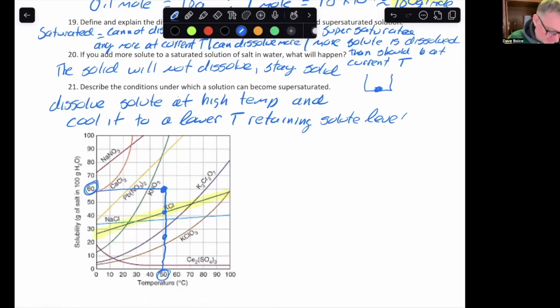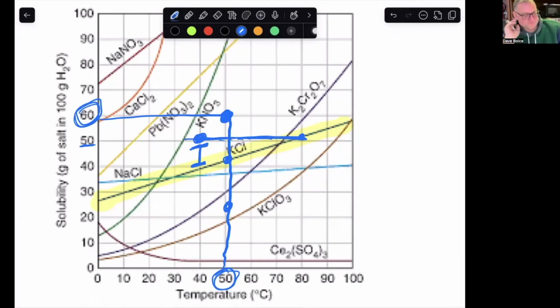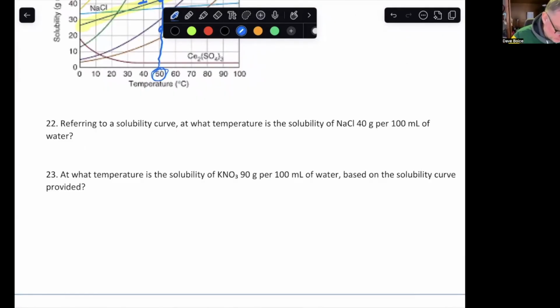Basically what that means is, let's go back to KCl. Let's say I heated that thing up to 80 degrees, which would allow me to dissolve a little more than 50 grams. If I do that and I cool it down, let's say here to 40 or something like that, then 50 is in the supersaturated range.